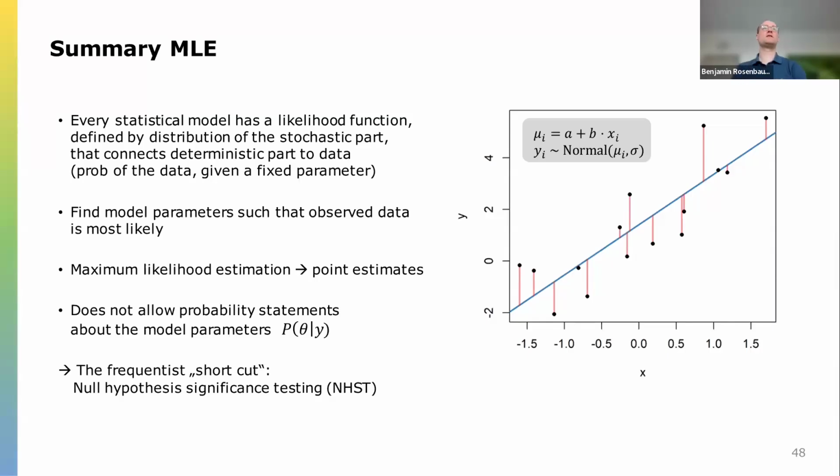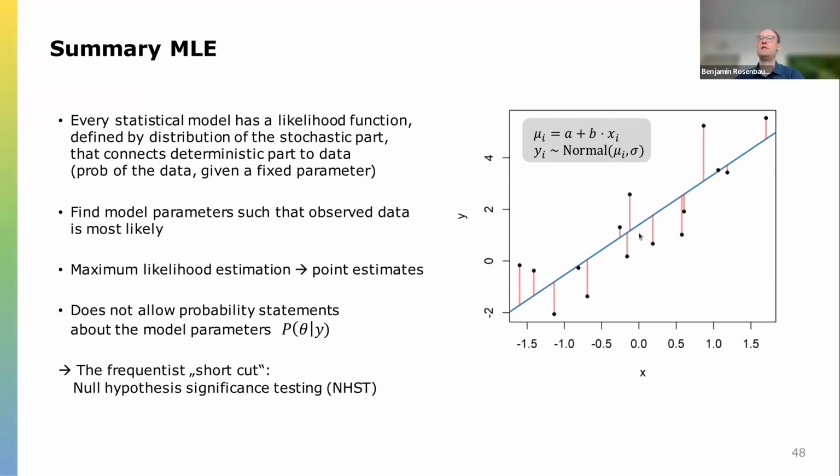Okay, so statistical modeling is a very broad concept. It's defined by having a likelihood function. The likelihood function is given by your statistical model, which has a deterministic and a stochastic part. The stochastic part connects the deterministic part to the data. Here we have in blue the deterministic part, the linear regression line.